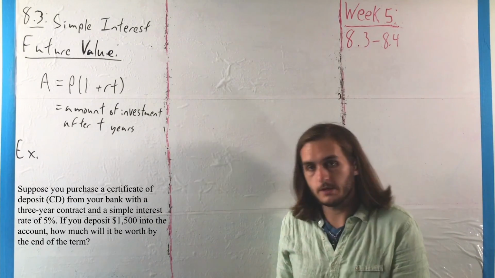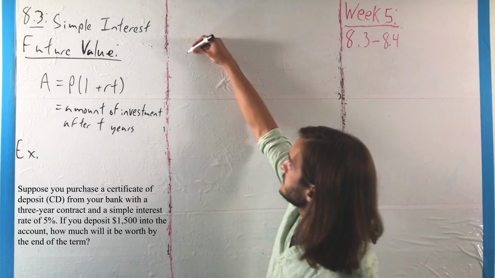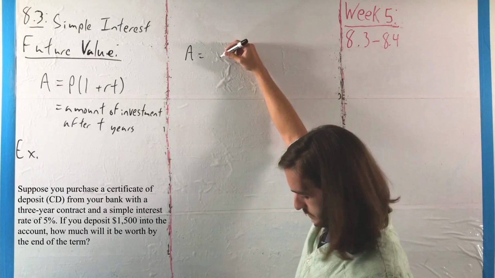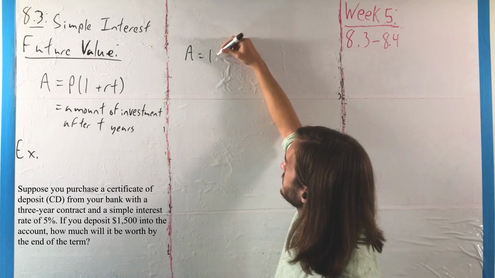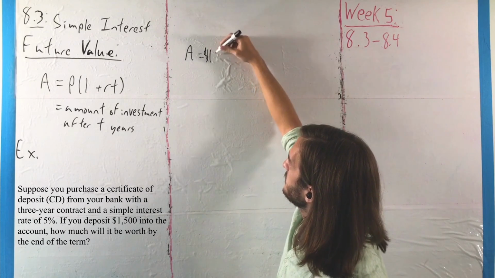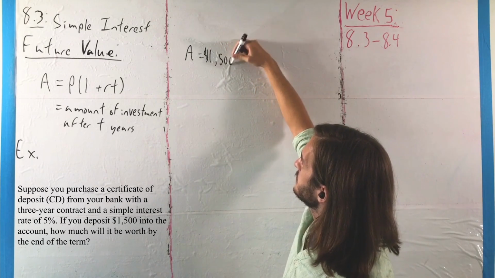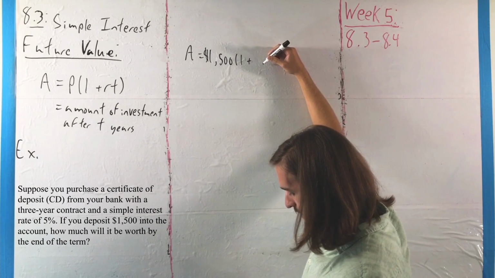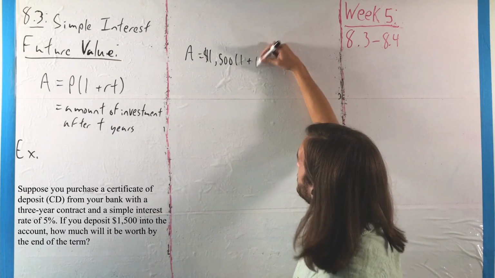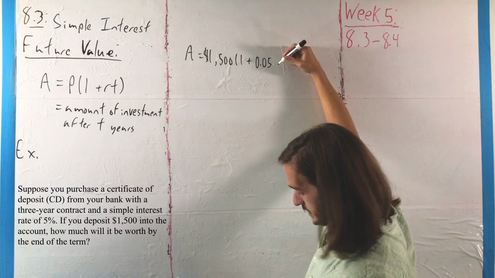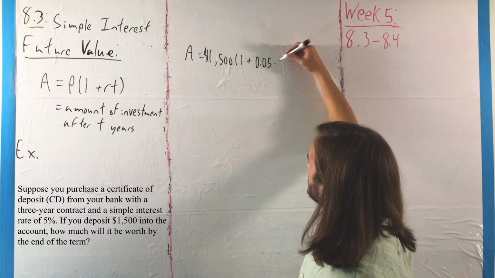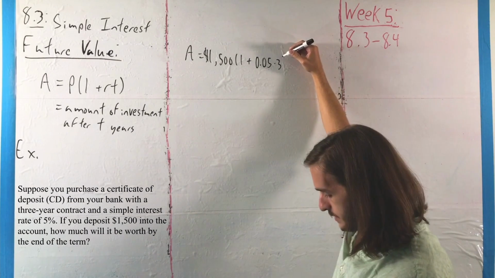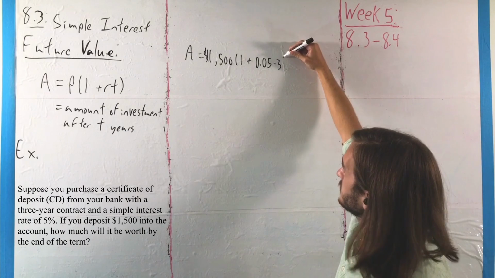But anyway, here we can just use our formula. It's a nice, easy thing to apply. Our value A is going to be equal to, in this case, the principal, $1,500, multiplied by 1 plus our rate here, which is 5%, times the length of the term here, 3 years.